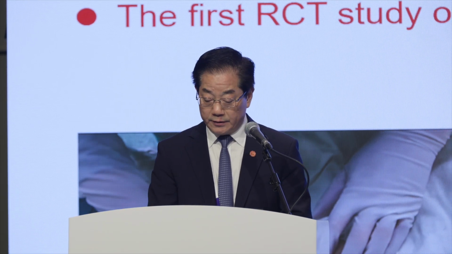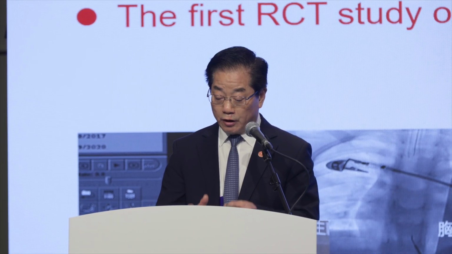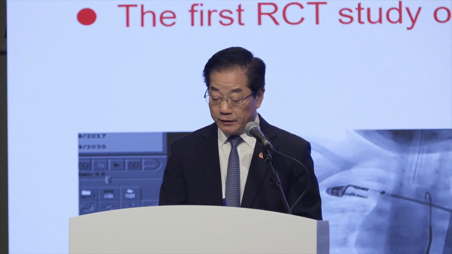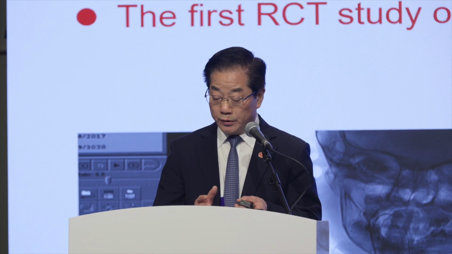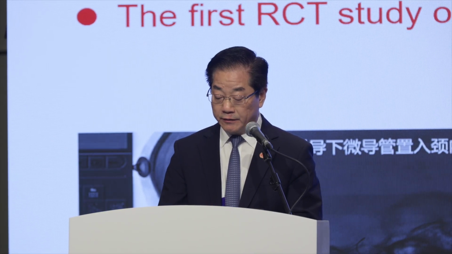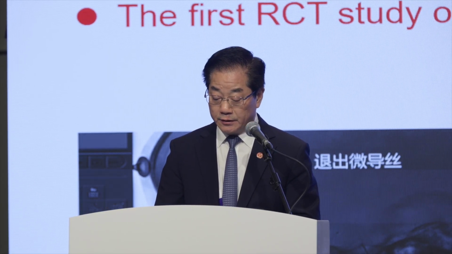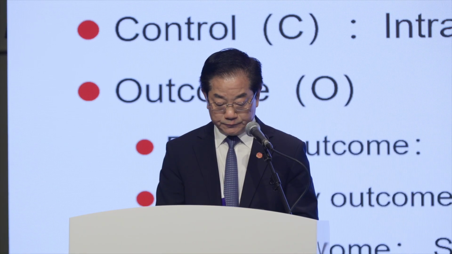Next, we carried out a multi-center RCT study. Since there is no consensus about the pros and cons of IVC and IAC, we carried out an RCT study on RB to compare the effectiveness and safety of IAC with IVC. This is the multi-center RCT for advanced intraocular RB.